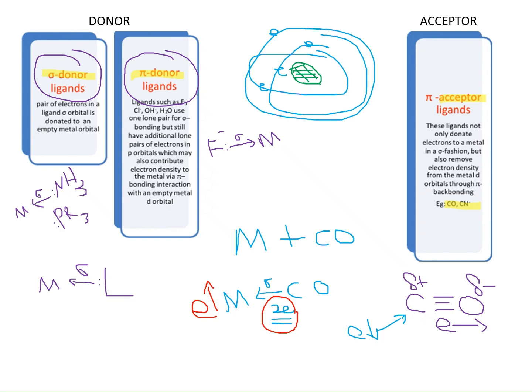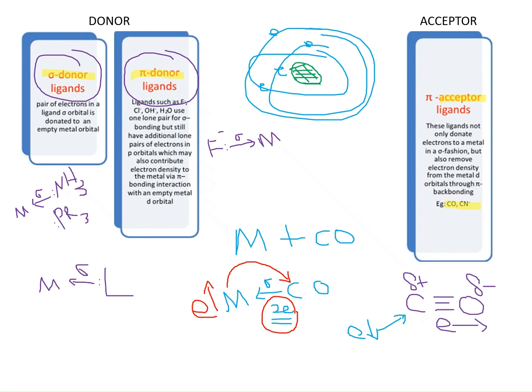The electron will be returned to the carbon, not to the oxygen, because the contribution initially came from the carbon. So due to a greater electron-electron repulsion in the d orbital of the metal, that electron in the metal d orbital is given back to the carbon.